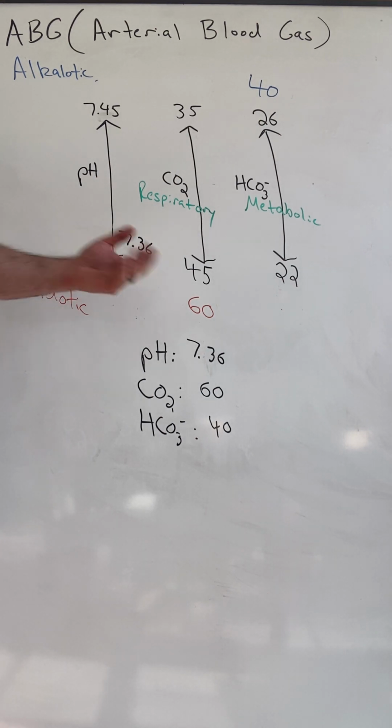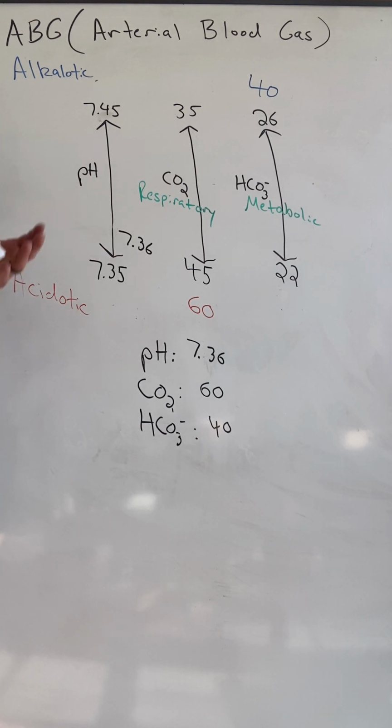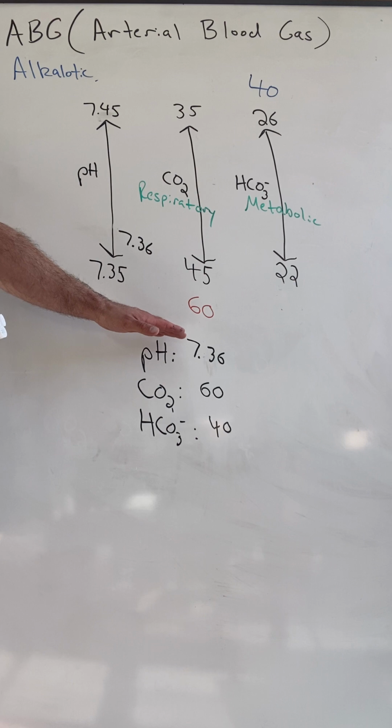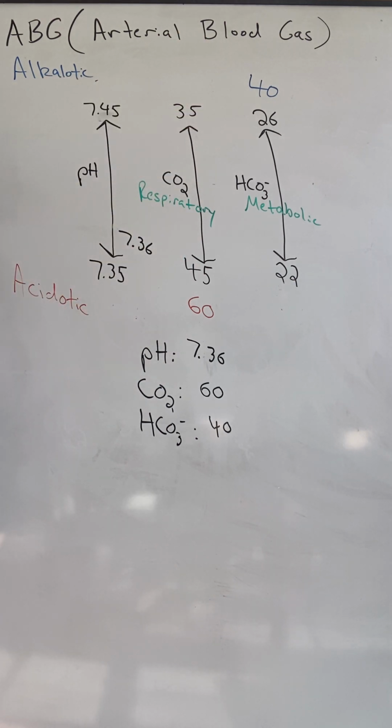Okay, so you have an out of range CO2, an out of range bicarb, and a normal pH. So here's the tricky part. One's on the acidotic side, one's on the alkalotic side. But which one's our primary problem? If our pH isn't on an acidotic or alkalotic side of the spectrum, what's our primary problem and what's our compensation? This is how we do it. 7.35 to 7.45, right?